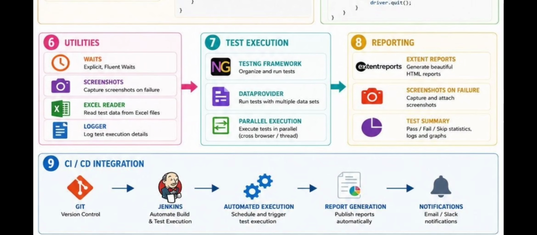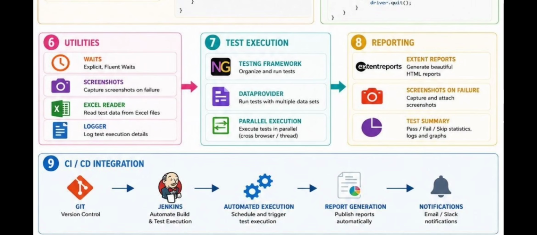In the eighth stage, we talk about the reporting tools. For generating beautiful HTML reports, we'll use the Extent Report library. For capturing and attaching screenshots, we have default code along with the Extent library, and we can write separate code for capturing screenshots if needed.